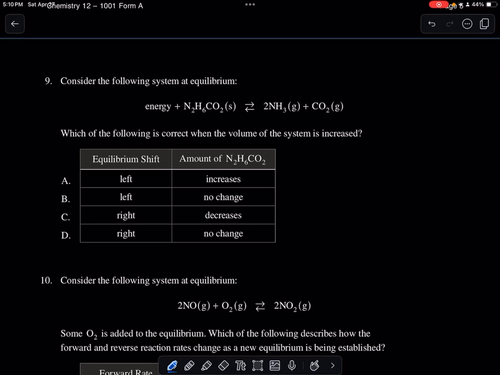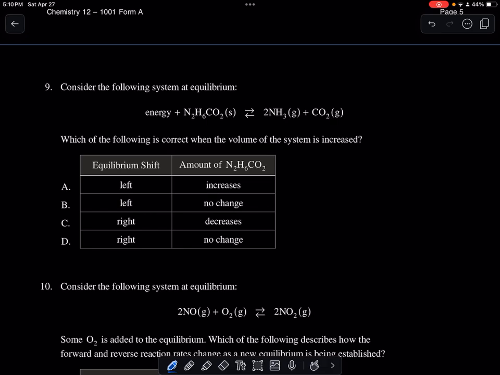So, let's have a look. Equilibrium shift, amount of N2H6CO2. When you increase the volume of the system, what do you do to the pressure?